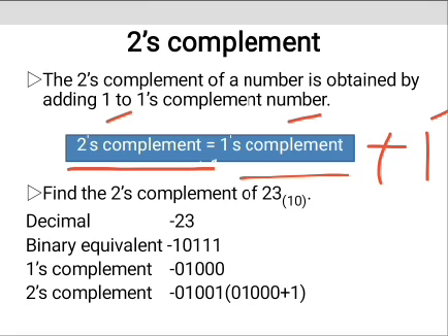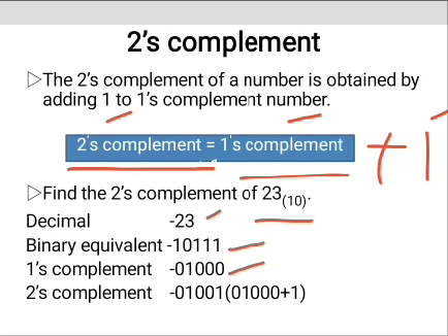For example, find the two's complement of 23. It is in base 10. That means it is in decimal number system. The given decimal number is 23. Binary equivalent of 23 is 10111. The ones complement is 01000. That means replacing zeros by ones, ones by 0.